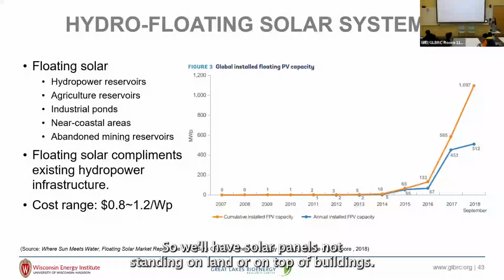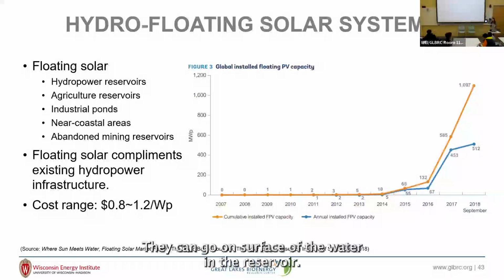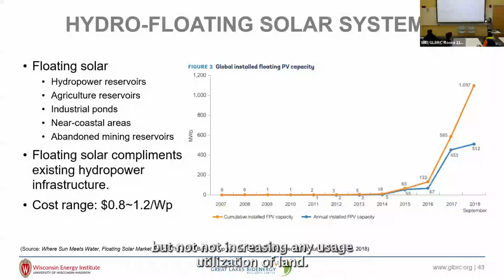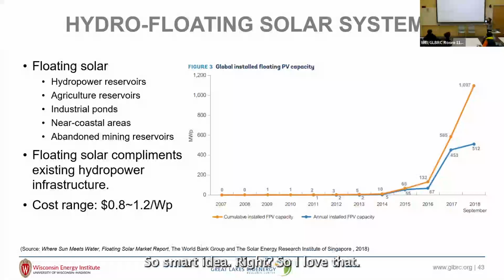So we have solar panels not standing on land or on top of buildings. They can go on the surface of the water in the reservoir. So you combine that with hydropower generation that can increase generation, but not increasing any utilization of land. So smart idea, right? So I love that. That's why I want to point that out.